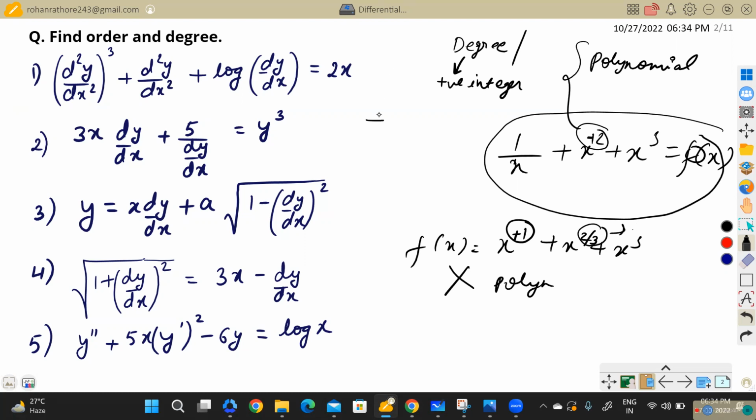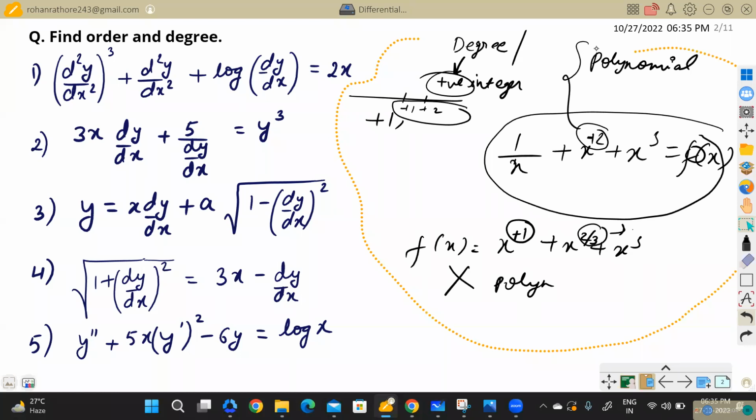Positive integers are those shown on the number line, plus 1, plus 2, and so on. Anything other than these numbers in the degree, and we say the given expression or function is not a polynomial function.